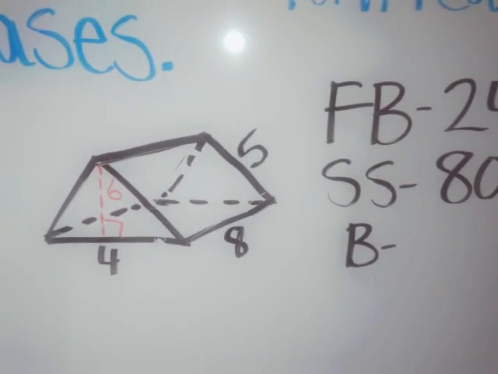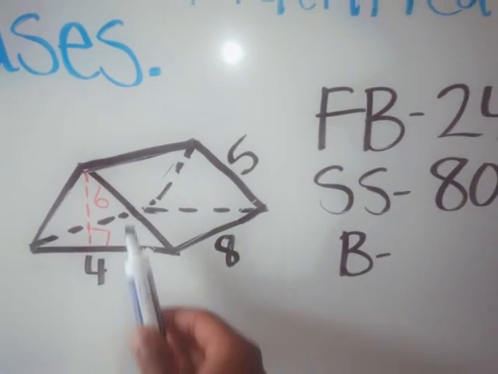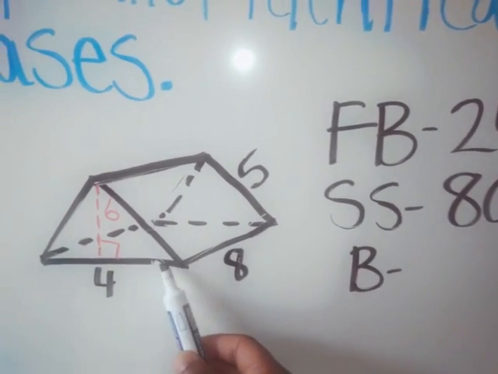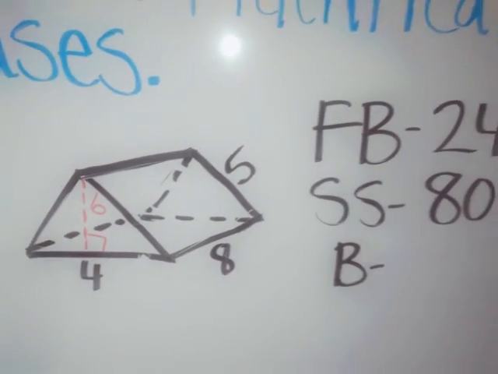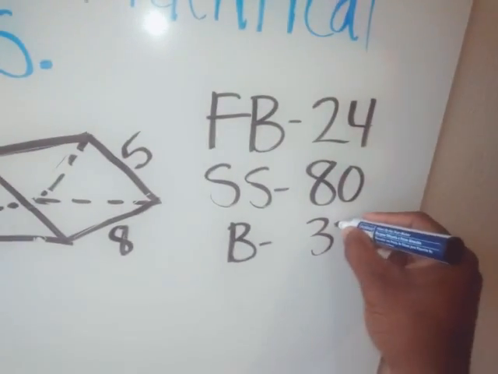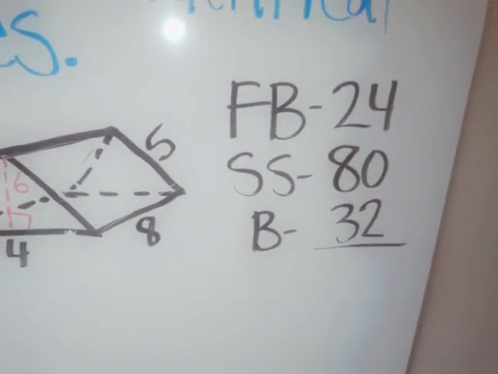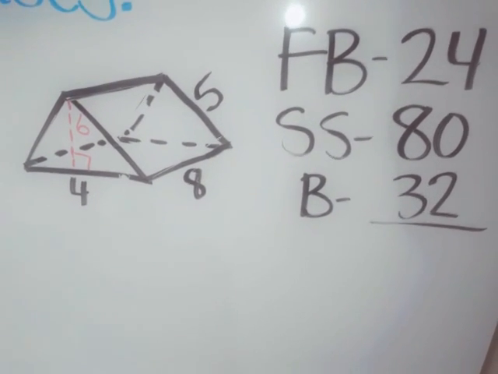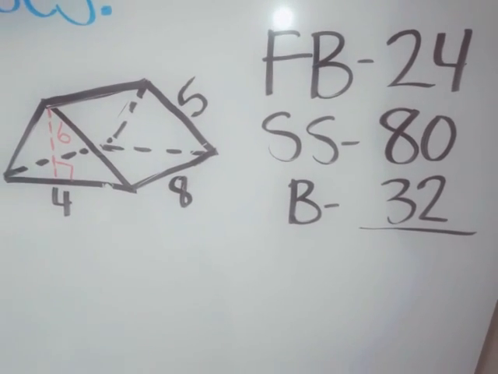Next, we need to find the face area of the bottom. We have the bottom here. The dimensions are an 8 by 4, which is a total of 32. We need to add this up to get the total net of the entire three-dimensional figure, which is a triangular prism, to get our net surface area.